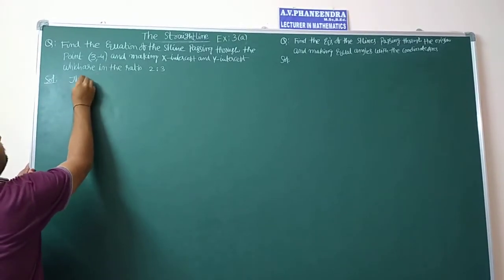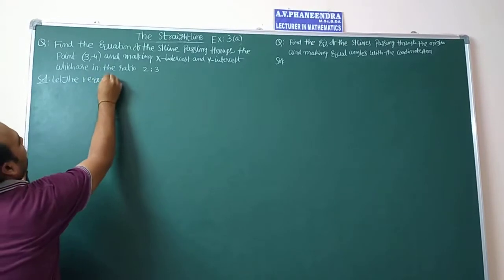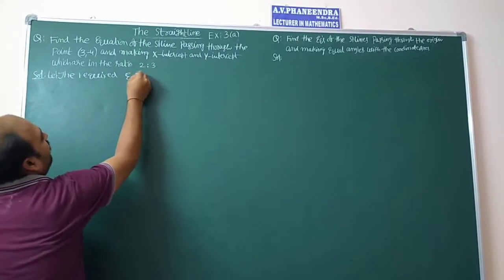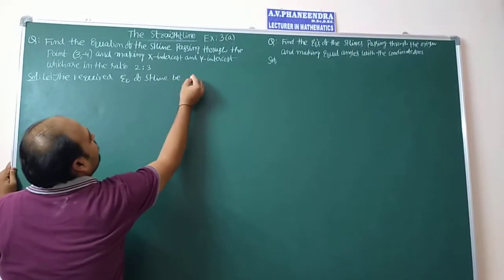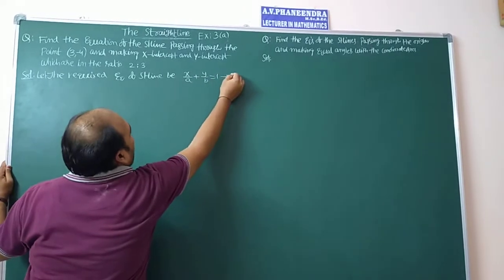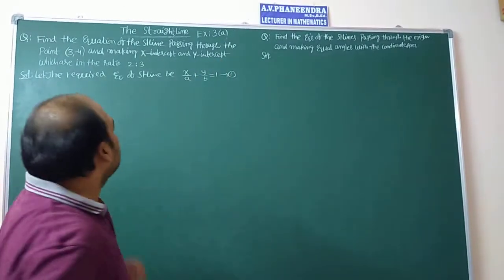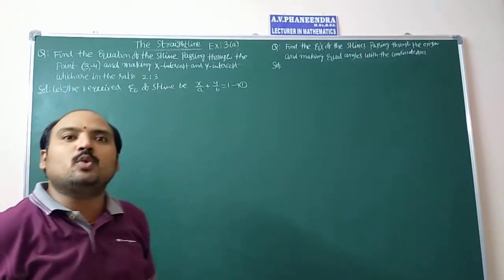Let the required equation of straight line be x/a + y/b = 1, and the condition is given: x and y intercepts are in the ratio 2:3.